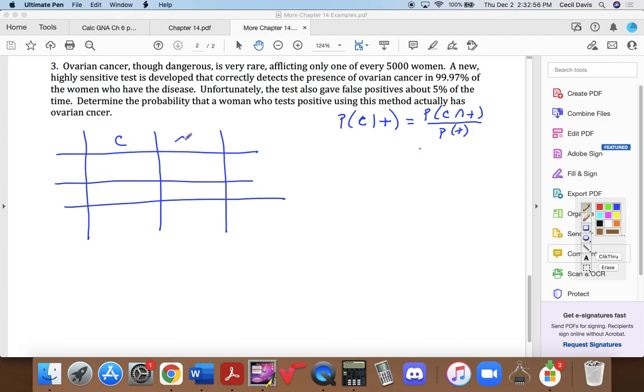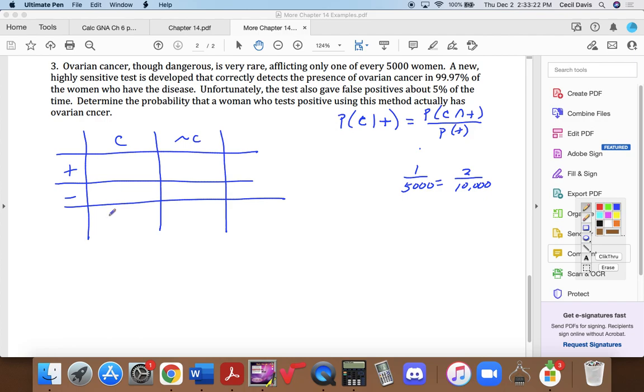All right, so we're going to put cancer, not cancer, positive, negative. It only affects about 1 in every 5,000 women. So that'd be 1 5,000th, which would be 2 10,000ths.